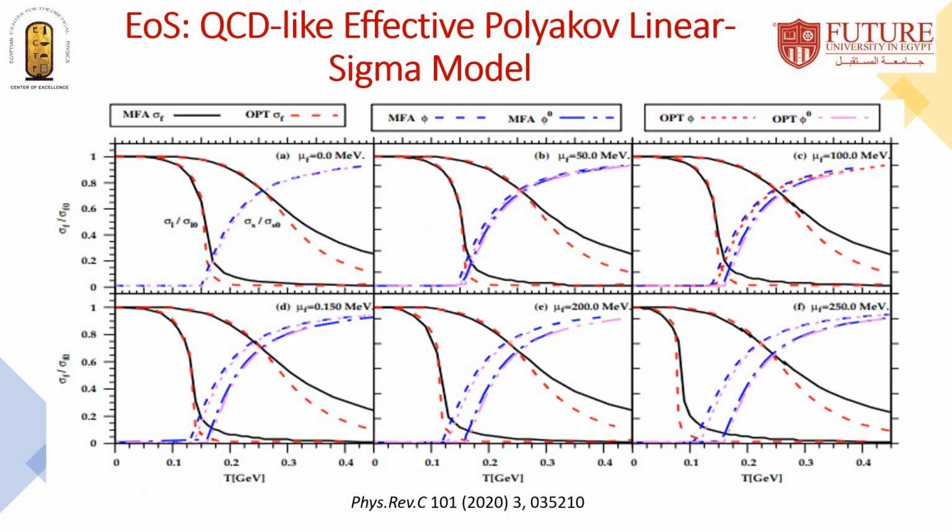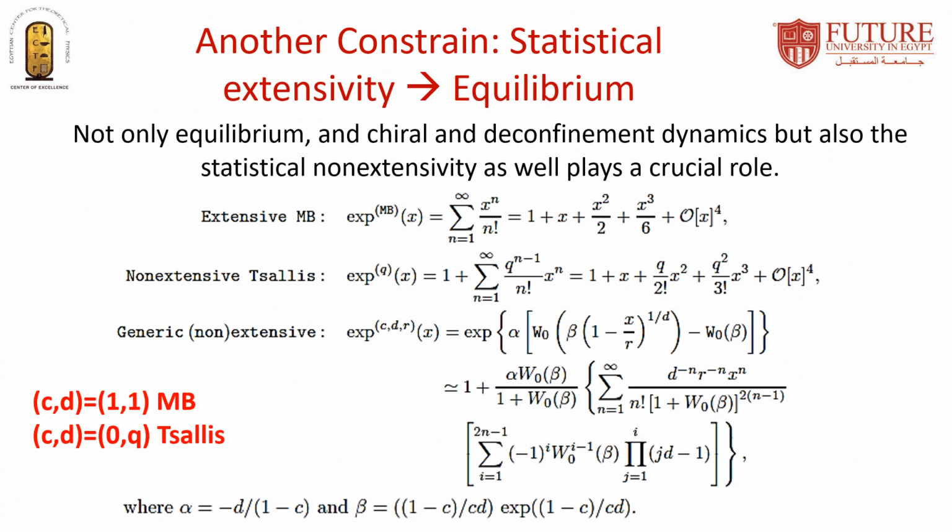To draw any conclusion about this, we should have the order parameter, and we already have it in this model: the so-called sigmas for light quarks, for strange quarks, and for other quarks, and we have control over the temperature evolution of all these order parameters.